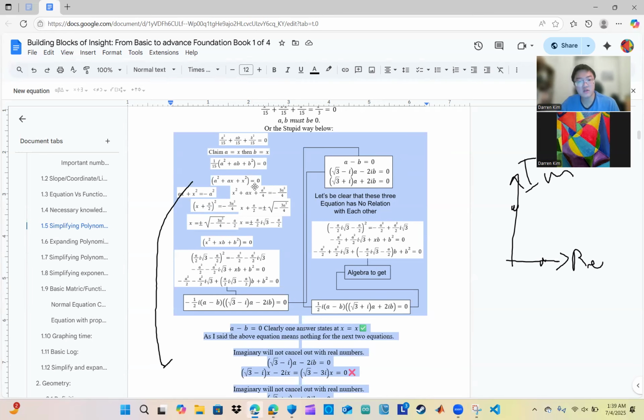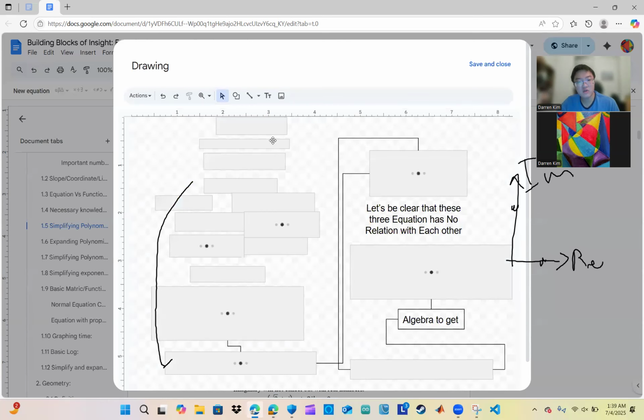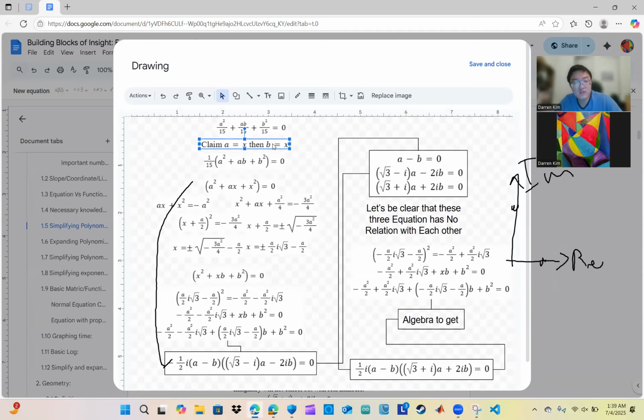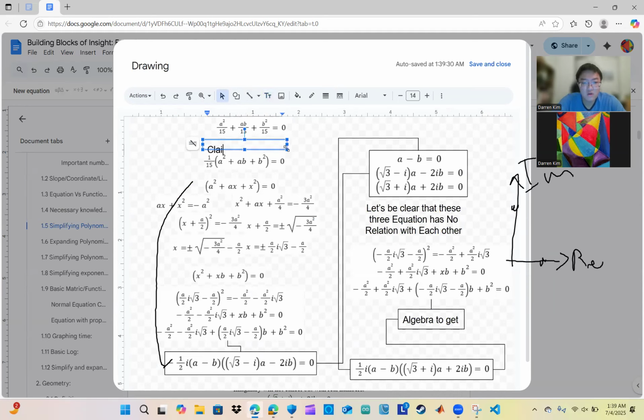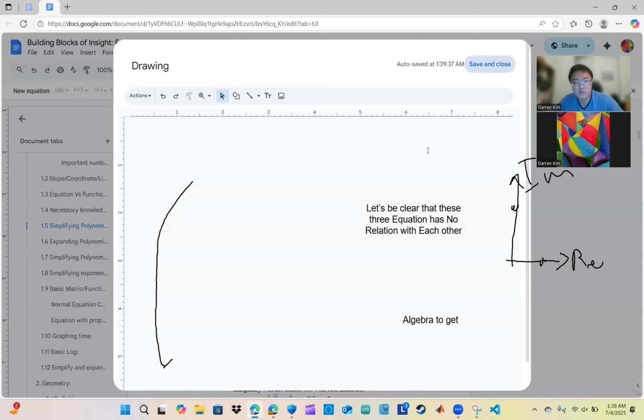Yes, yes, yes. So instead of writing this, I can say claim b equals x. I don't like doing it here, I'm going to do it outside.